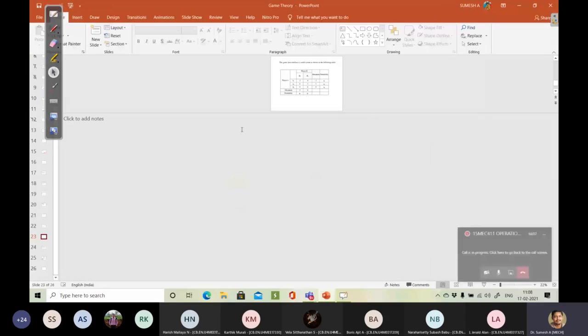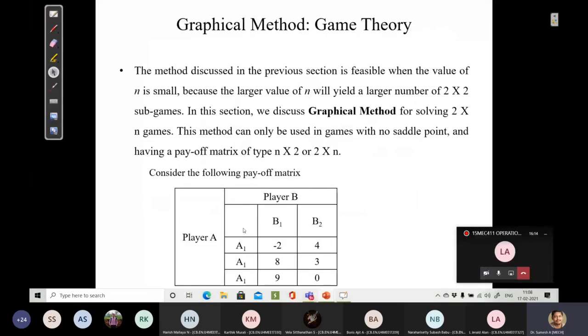Discussing the game theory, the last type of problem is the solution by the graphical method. Applying the graphical method, we can solve 2 cross n or n cross 2 games to find the decision point.